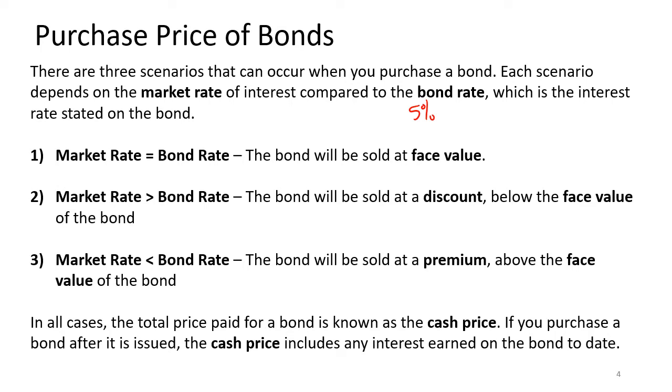If the market rate is also 5%, then your bond is sold at its face value. Again, we use the example of a $100 bond. If the market rate and the bond rate are the same and you went to sell that bond, you would sell it for $100 plus any interest that's been accrued on it.